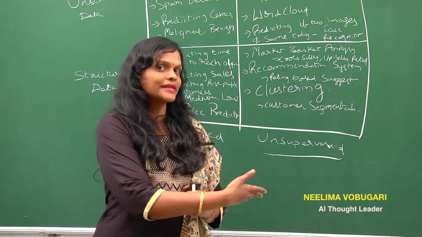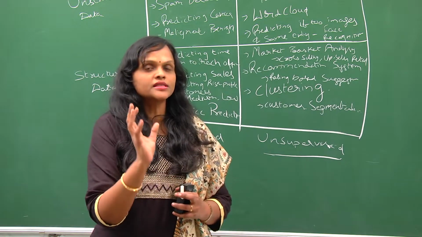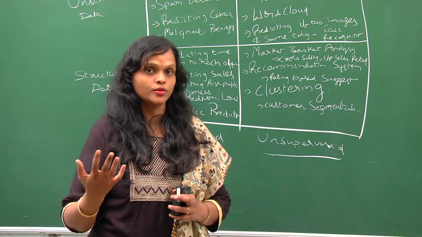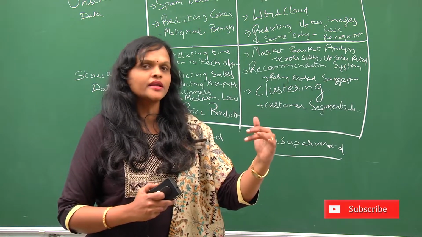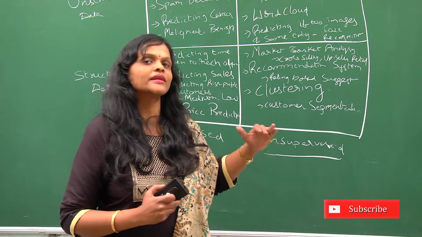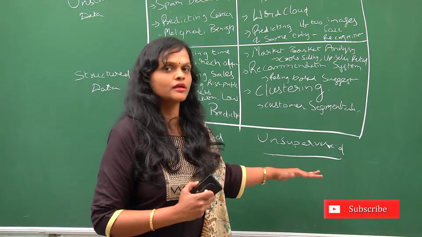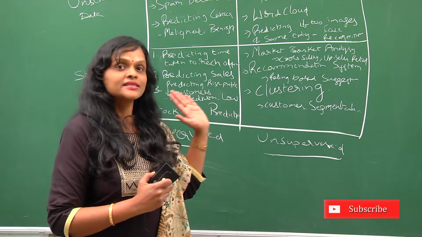But the algorithm understands what customers can be put in one group and what customers can be put in another group. So the data is clustered, that is segmented into different groups. That is called clustering. Even clustering comes under unsupervised machine learning algorithms, where the data is structured data.